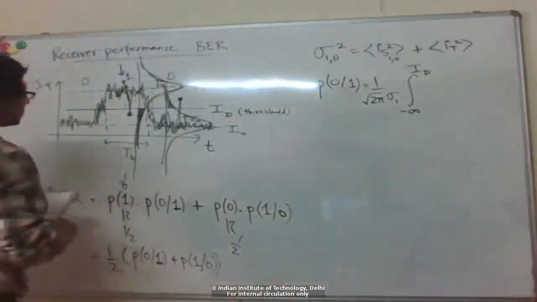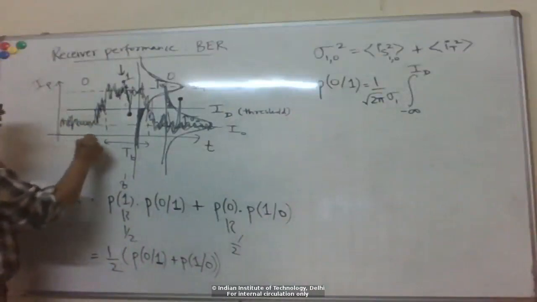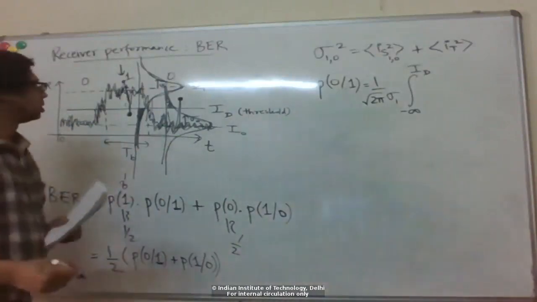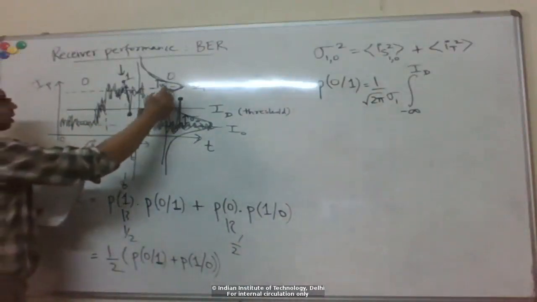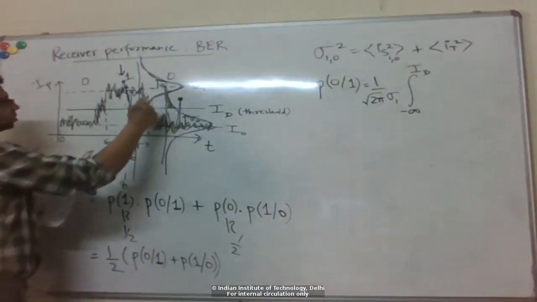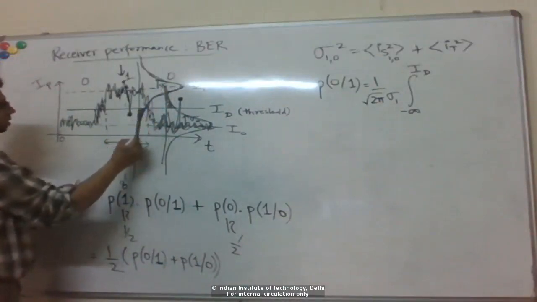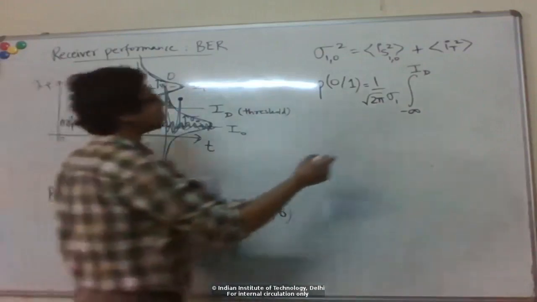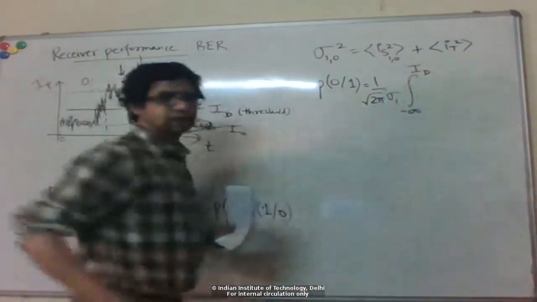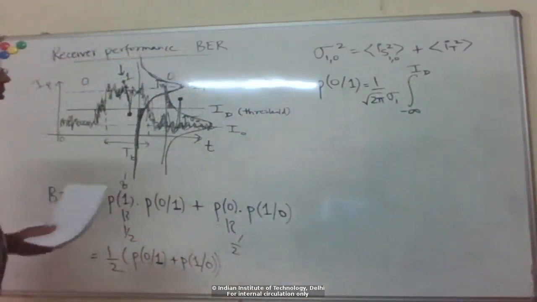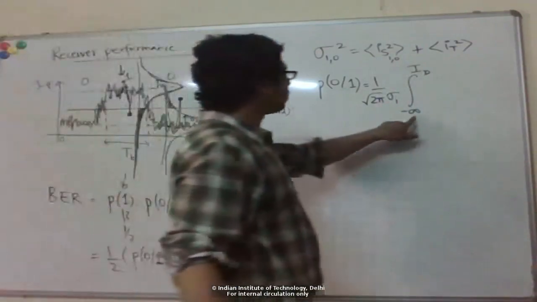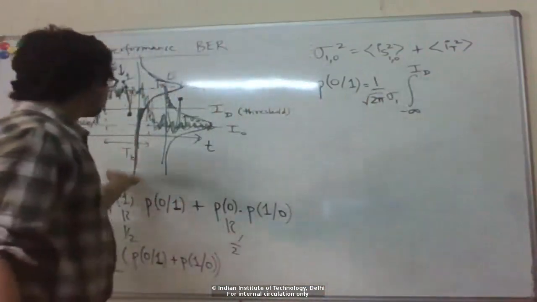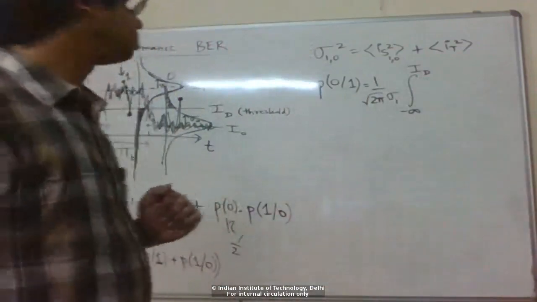Of course, the actual photocurrent won't be negative, it can't go below 0, but we are assuming that the mean is sufficiently above 0 that the tail of this distribution going below 0 is negligible. So whether you integrate from 0 to ID or minus infinity to ID, the difference is negligible, and integrating from minus infinity is easier because we have standard relations for Gaussian functions.